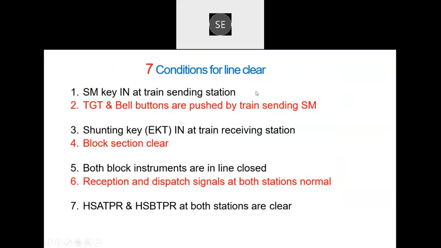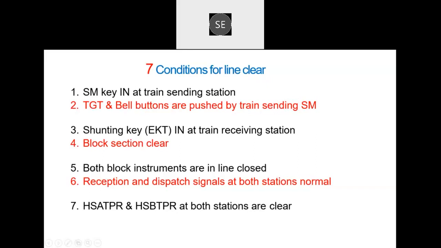There are 7 conditions for getting line clear. The first point is SM key must be in at sending station. TGT and bell buttons are pressed by the sending master. Shunting key, in case of single line, must be in at train's receiving station. Block section clear.